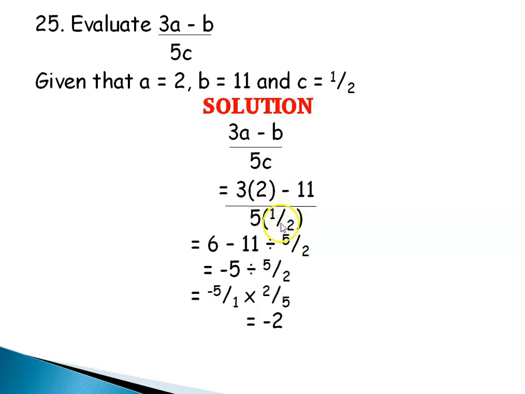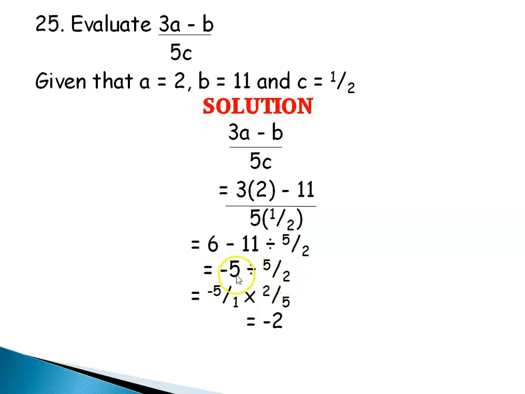Did you see that? Very good. 3 times 2 is 6. So this is 6 minus 11, divided by 5 times 1, 5, so 5 over 2. 6 minus 11 is minus 5, divided by 5 over 2.